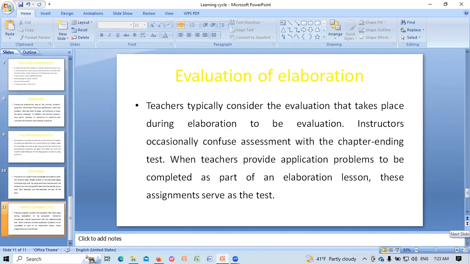Evaluation of elaboration. Teachers typically consider the evaluation that takes place during the elaboration to be evaluation. Instructors occasionally confuse the assessment with the chapter-ending test.